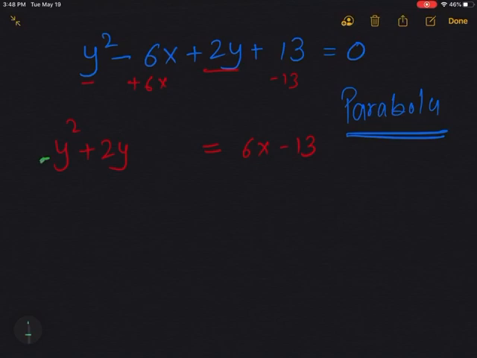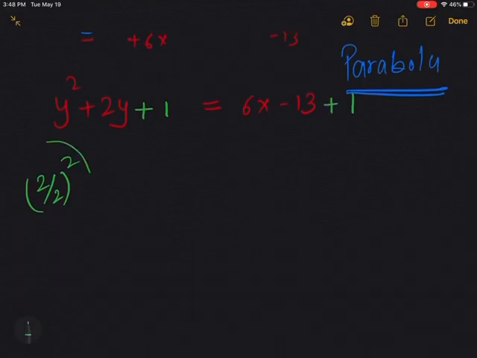Anyways, the magical number: b is 2, half of that is 1, and squared would be 1. Now this is what we added to the other side. I just added a number to one side of the equation, so don't forget to add it to the other side.